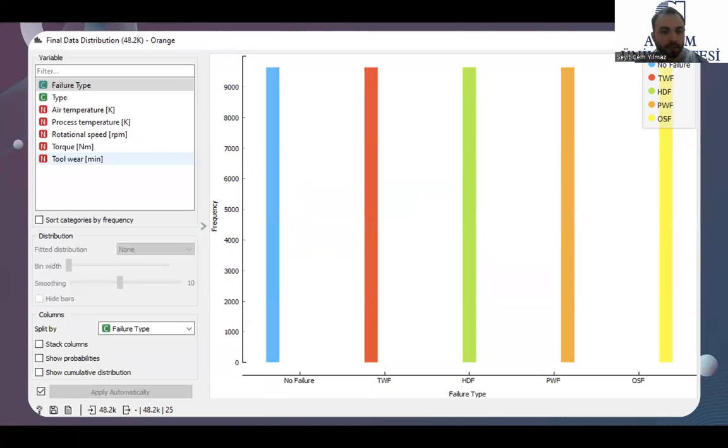Yes, this one. They are in this graph. It can be seen that all categorical data have 20%, and these are equal, and in total we have 48.2 thousand data.